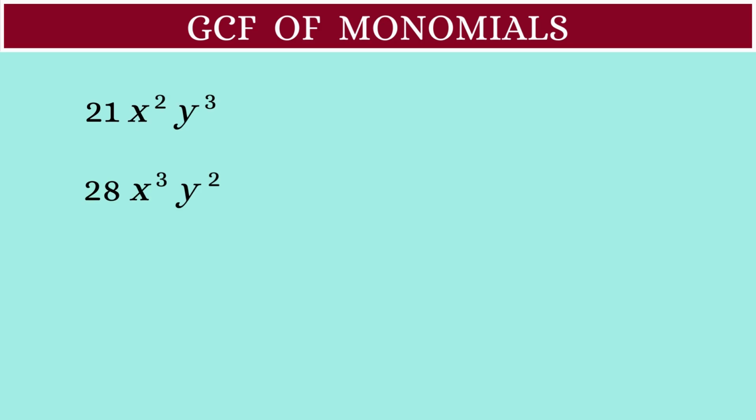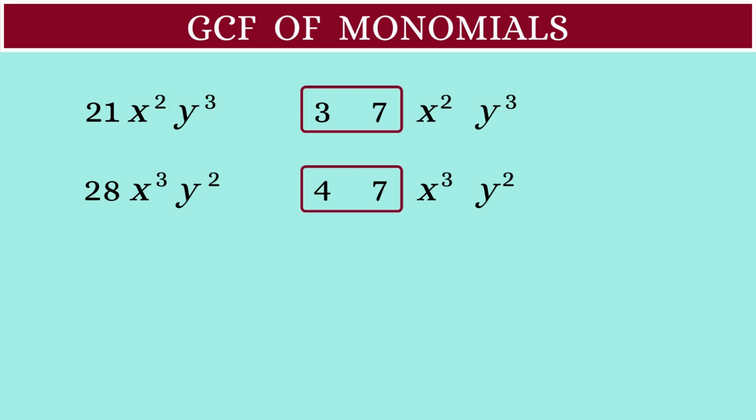The first expression can be written as 3 into 7 into x square into y cube, and the second term becomes 4 into 7 into x cube into y square. Comparing the coefficients, common factor is 7.